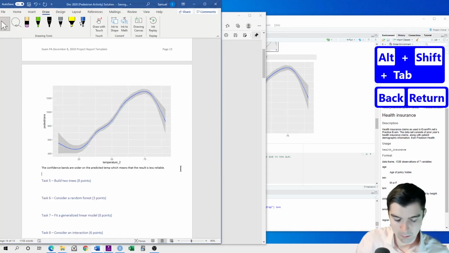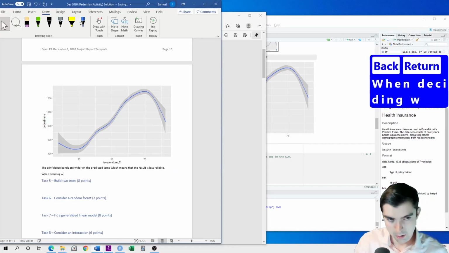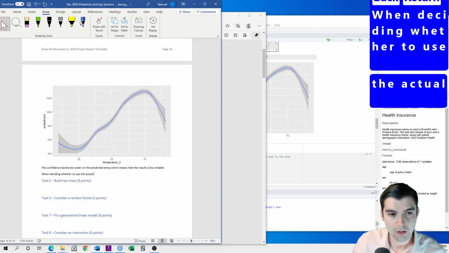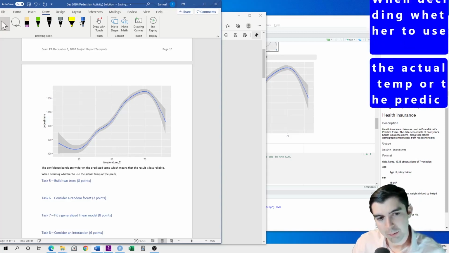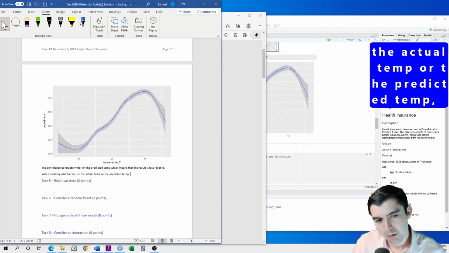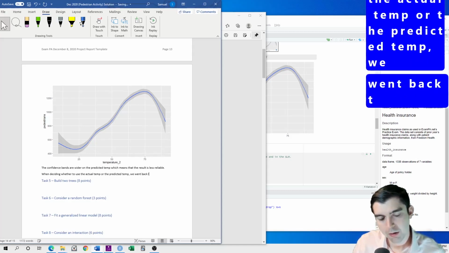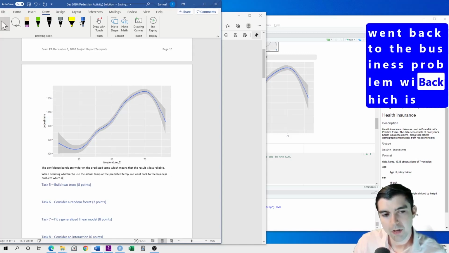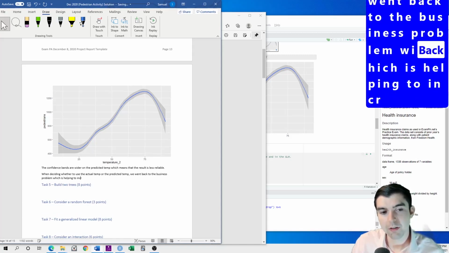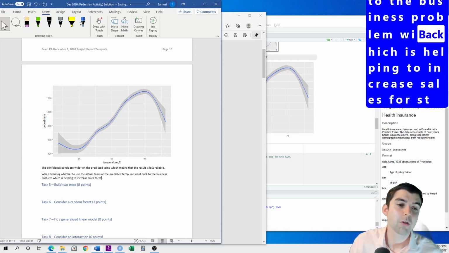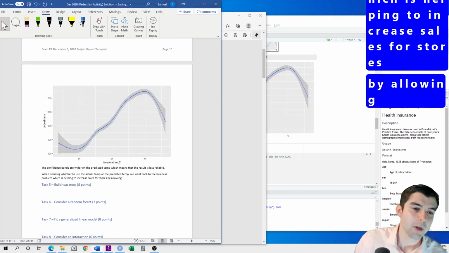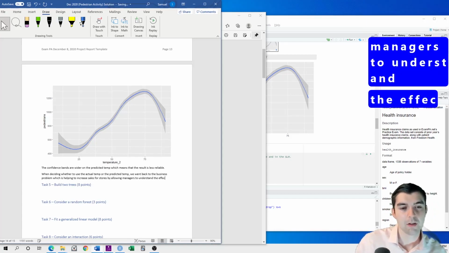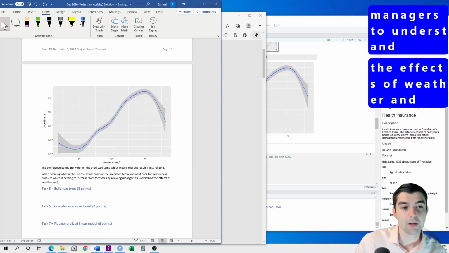So just say, when deciding whether to use the actual temperature or the predicted temp, we went back to the business problem, which is helping to increase sales for stores by allowing managers to understand the effects of weather and time.